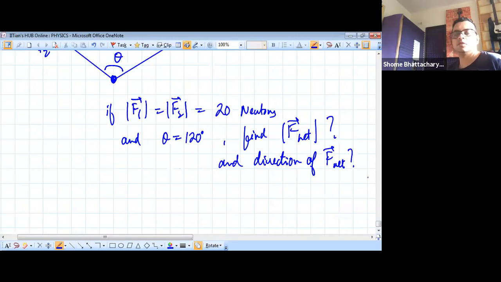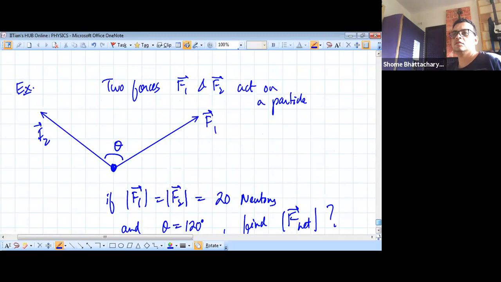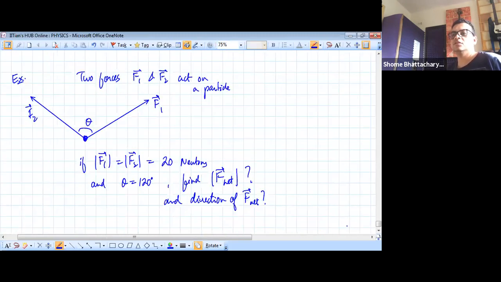The net force. Yes, in this case we can use this theorem directly now.